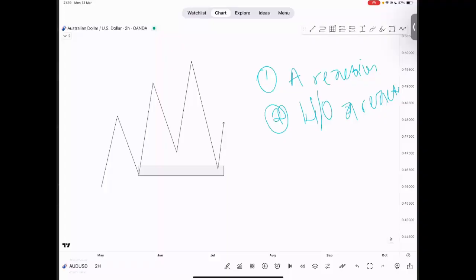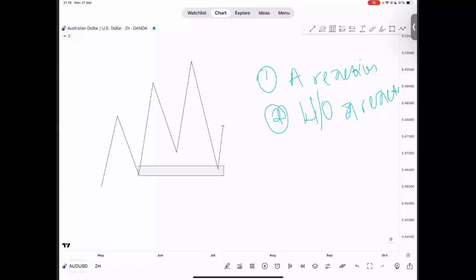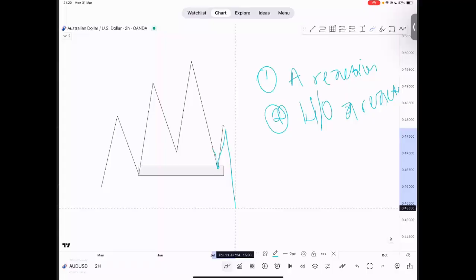So when a block fails with a significant reaction, what I mean by significant is an obvious reaction: price came, mitigated your buy level, and obviously bought to the buy side before failing.